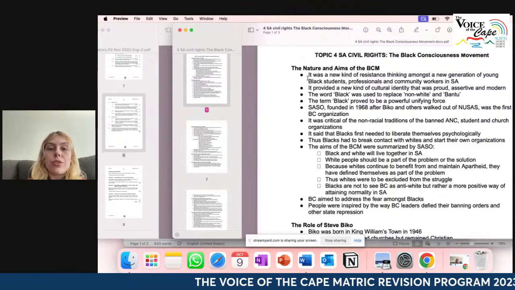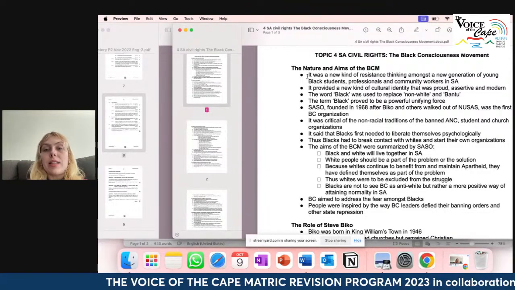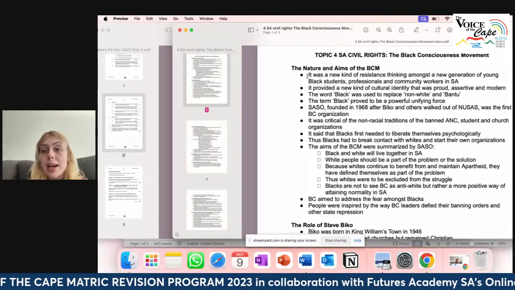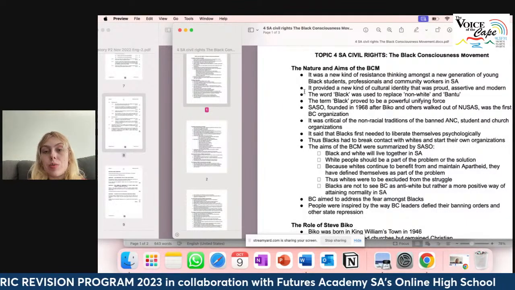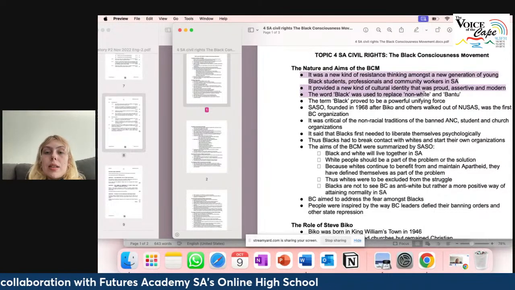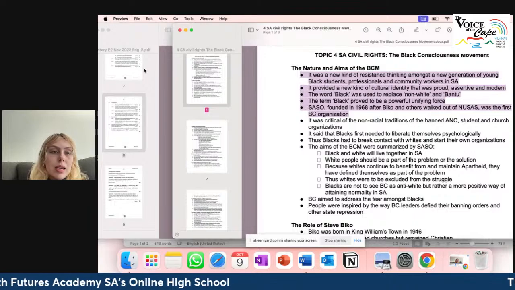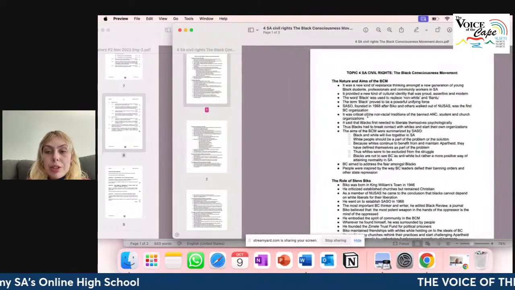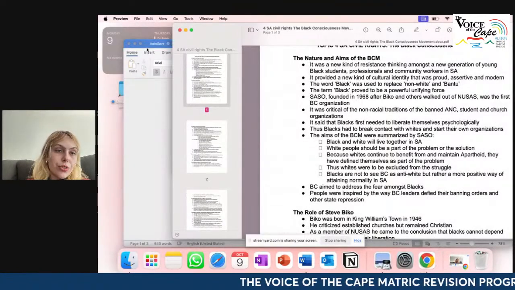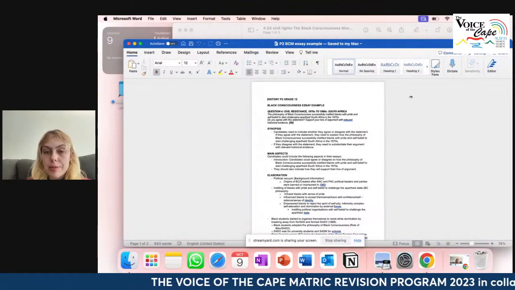So it tried to nationalize the people as well and give them pride for being Black, and then standing up together as one, unifying the community. So you will see how the information here is then used to construct an argument.